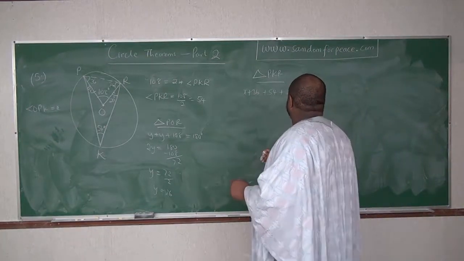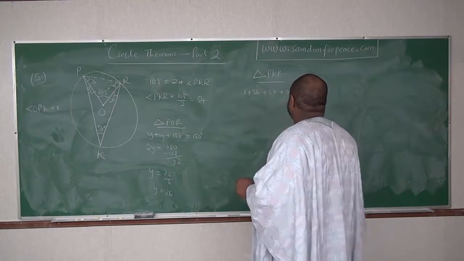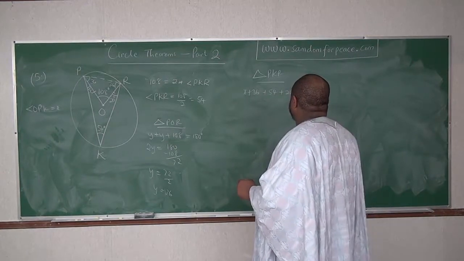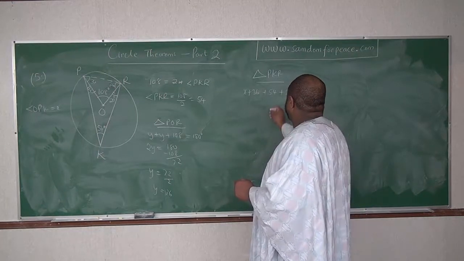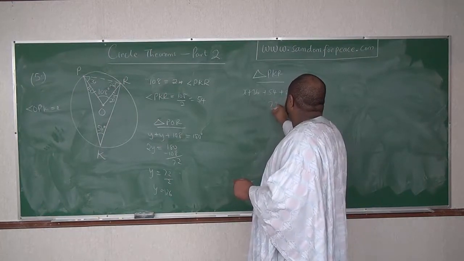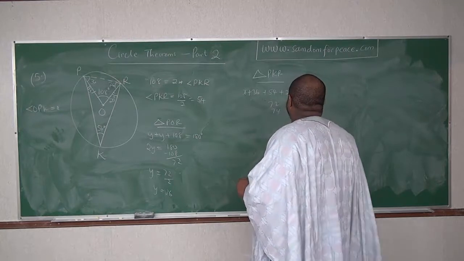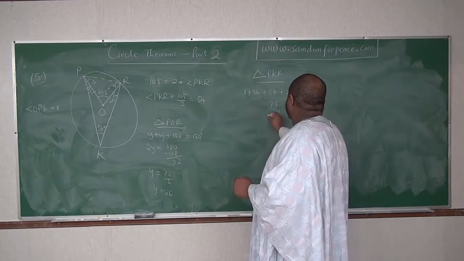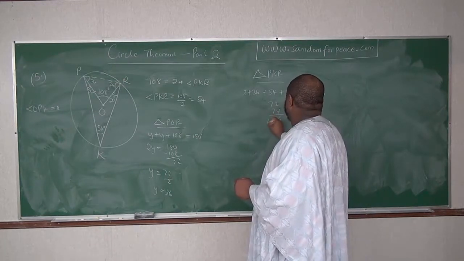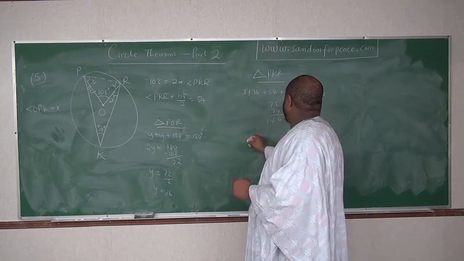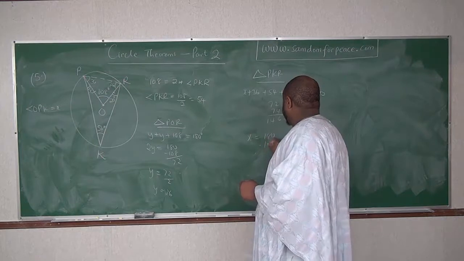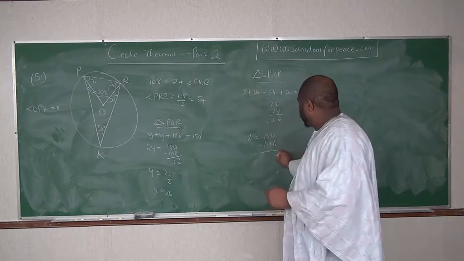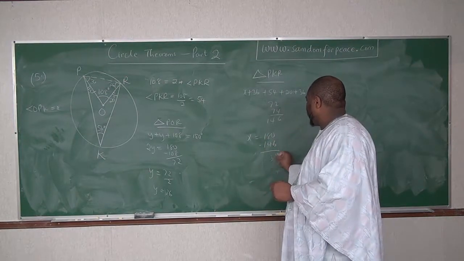So 36 plus 36 is 72. 72 plus 74 is 146. So x is 180 minus 146, which is 34.